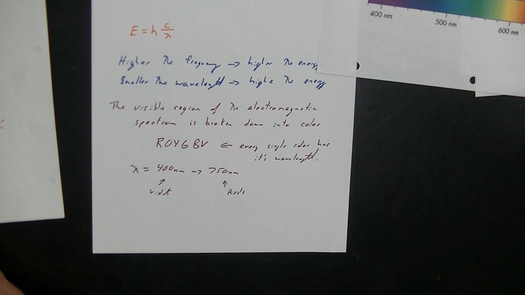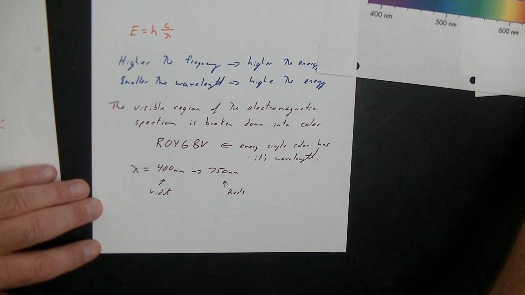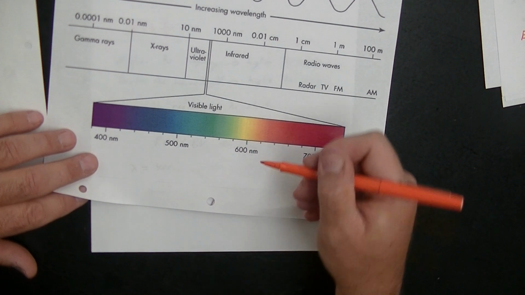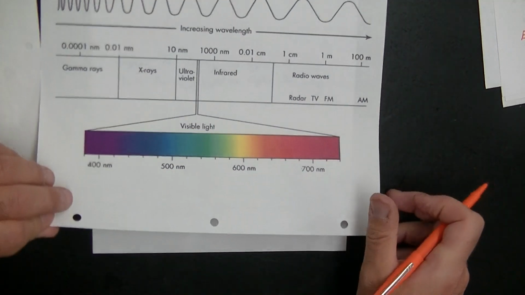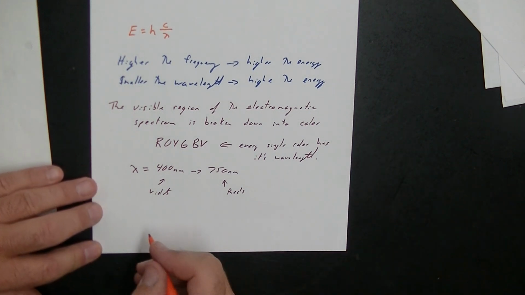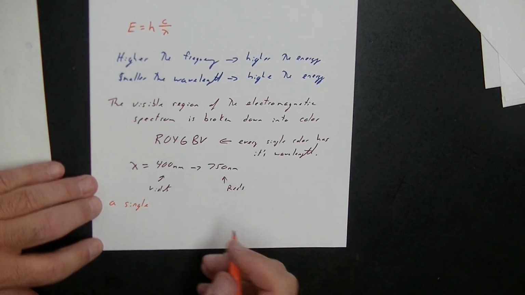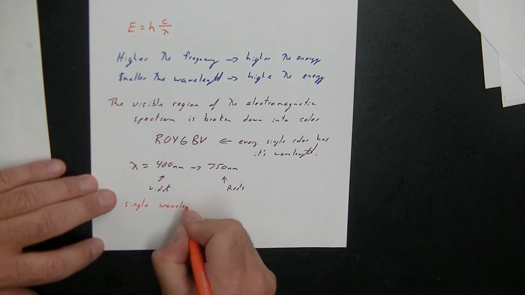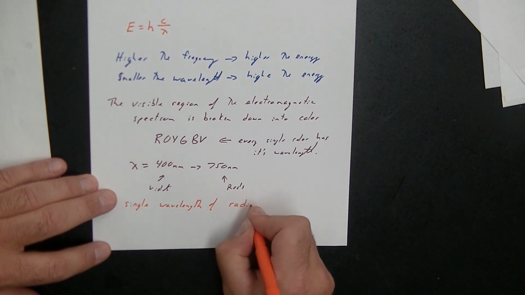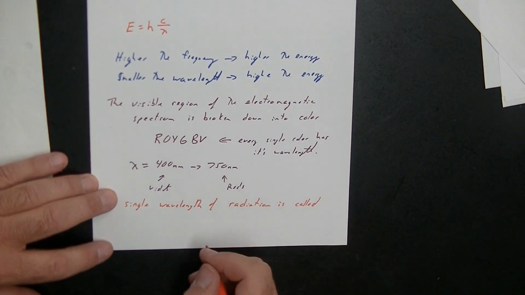Now, what if I have a single wavelength of radiation? Let's say that I have a wavelength of radiation that is exactly 600 nanometers. It would be a yellow color. If you only have one single wavelength, it's got a special name. A single wavelength of radiation is called monochromatic light.